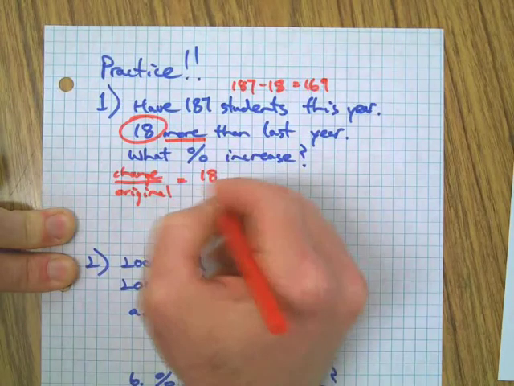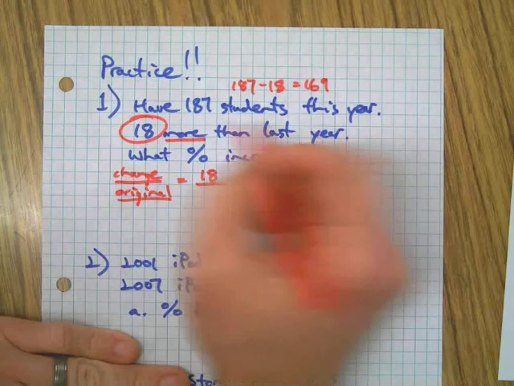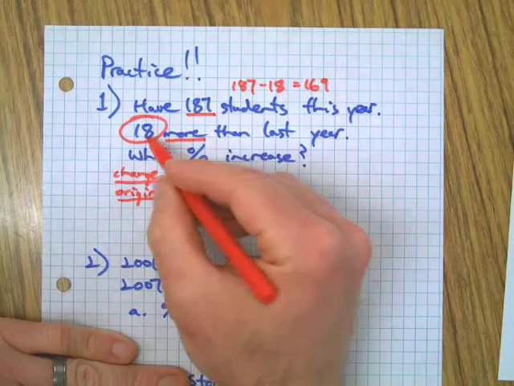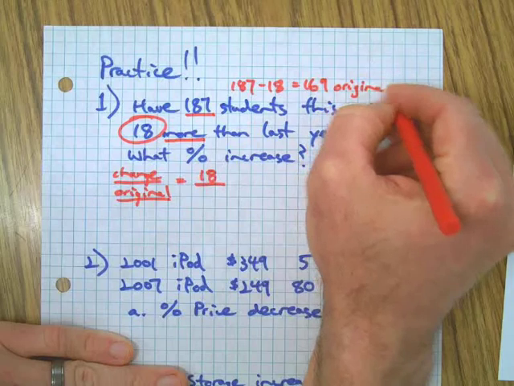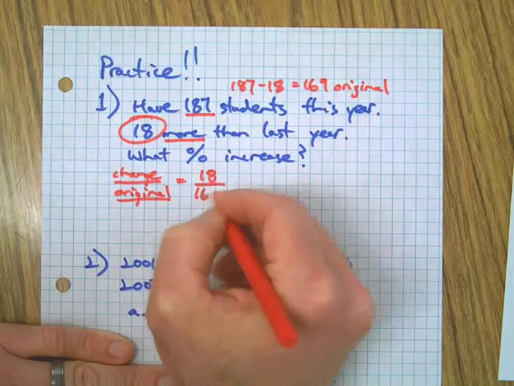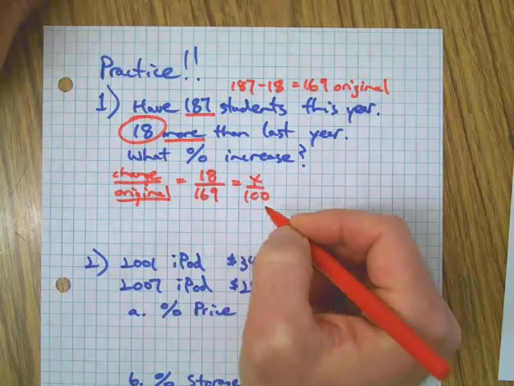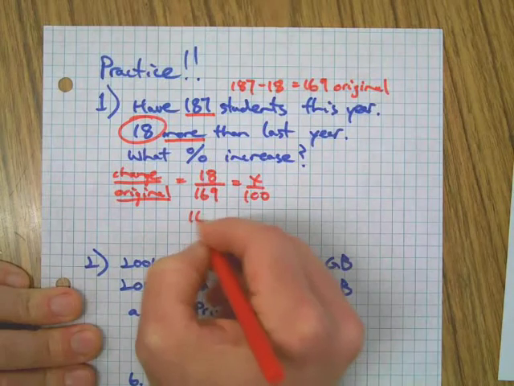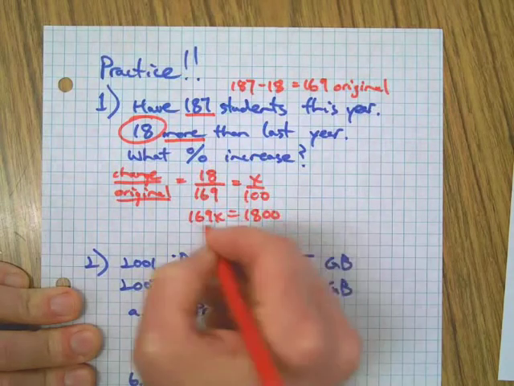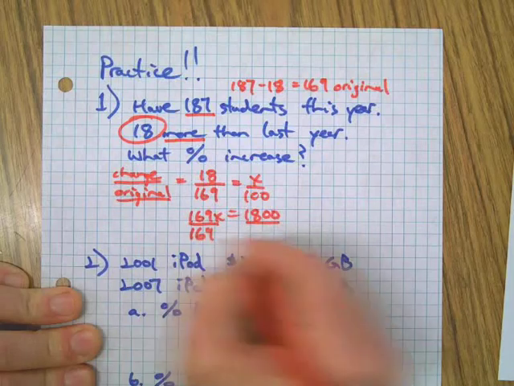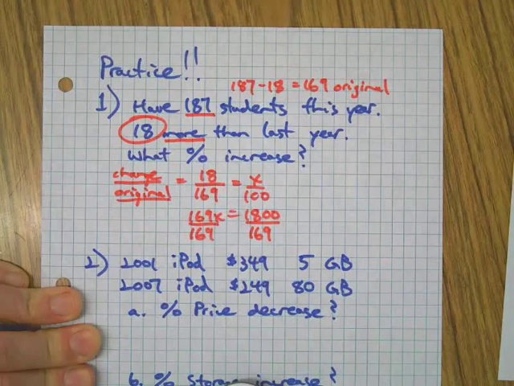The problem said so. So it changed by 18. The calculating we need to do here is to find the original. Okay, we're given the amount of change, we do a quick subtraction and see that 169 is the original. There's change over original. There's what percent. Cross multiply. 18 times 100 is 1800. Divide both sides by the coefficient, which is 169 in this case.